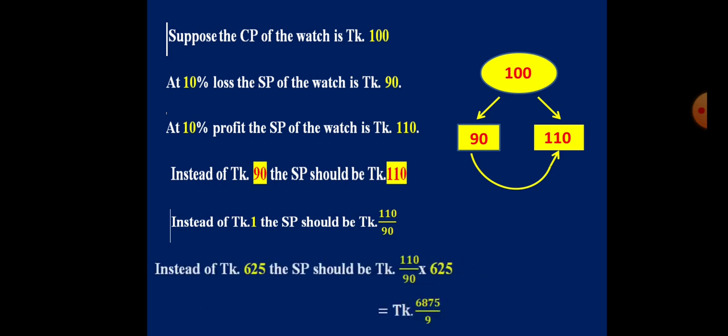That means instead of taka 625, the selling price should be 110 over 90 times 625. And it is also 6875 over 9. Okay, as you can see, both of them lead you to the same result, 6875 over 9.